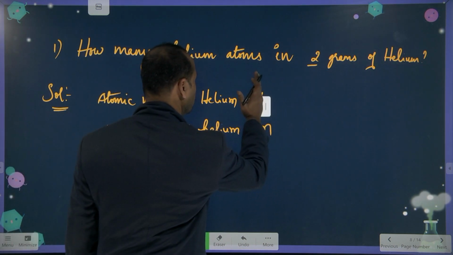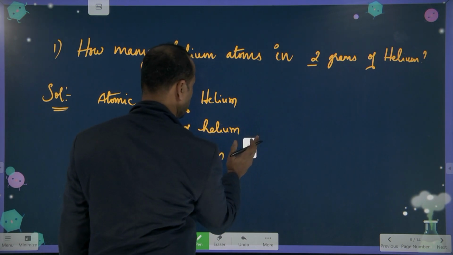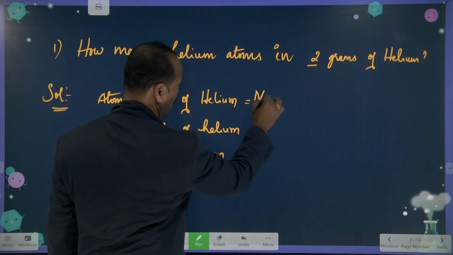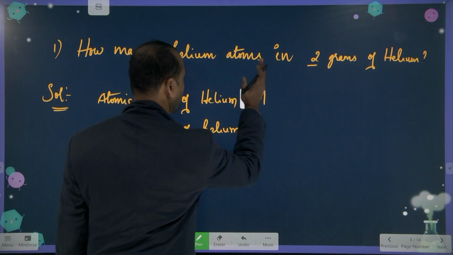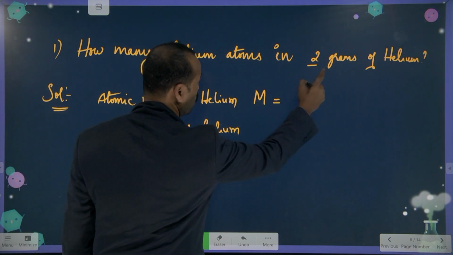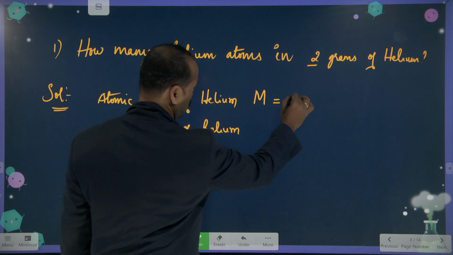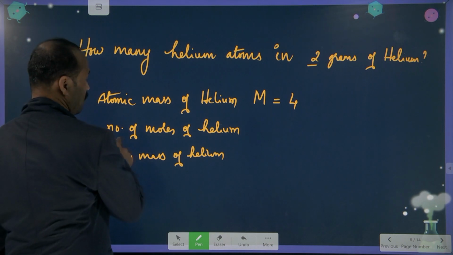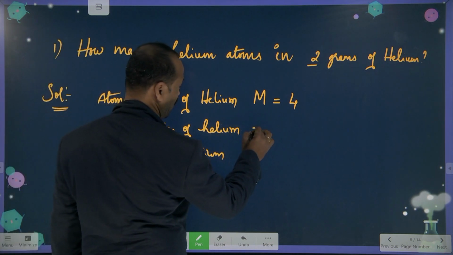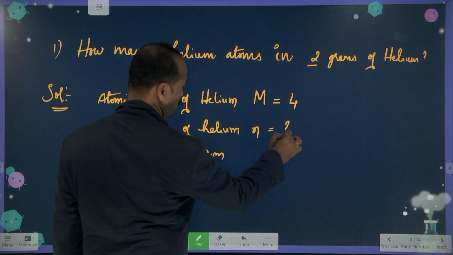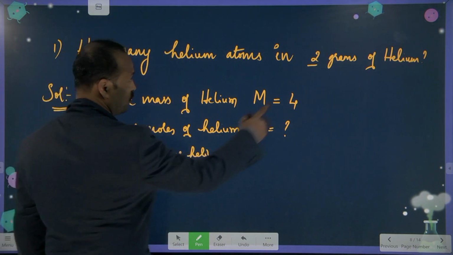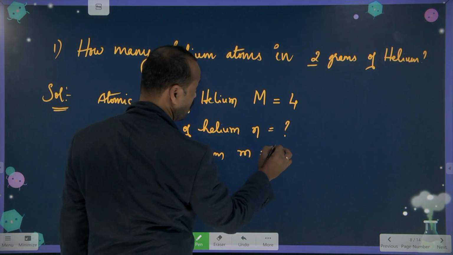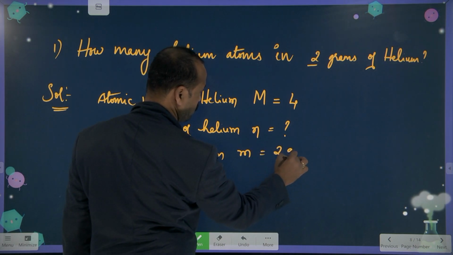So here you see atomic mass of helium, I am writing with the capital letter M. Capital M is equal to 4. You said that atomic mass of helium is 4, capital M. And number of moles of helium we need to find. n is equal to question mark. Now given mass of helium, 2 grams is given. We write small m. Small m is equal to 2 grams.